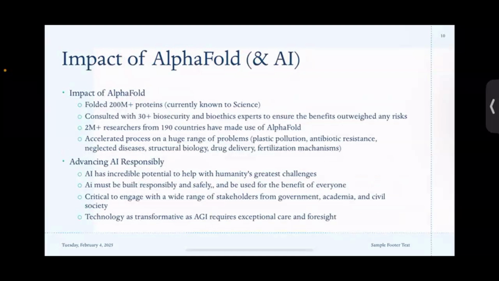At the current moment, it has folded 200 million plus proteins known to science. They consulted with 30 plus biosecurity and bioethics experts to ensure the benefits outweigh any risk. 2 million plus researchers from 119 countries have made use of AlphaFold and accelerated progress on a huge range of problems, including plastic pollution, antibiotic resistance, neglected diseases, structural biology, drug delivery, and fertilization mechanisms.